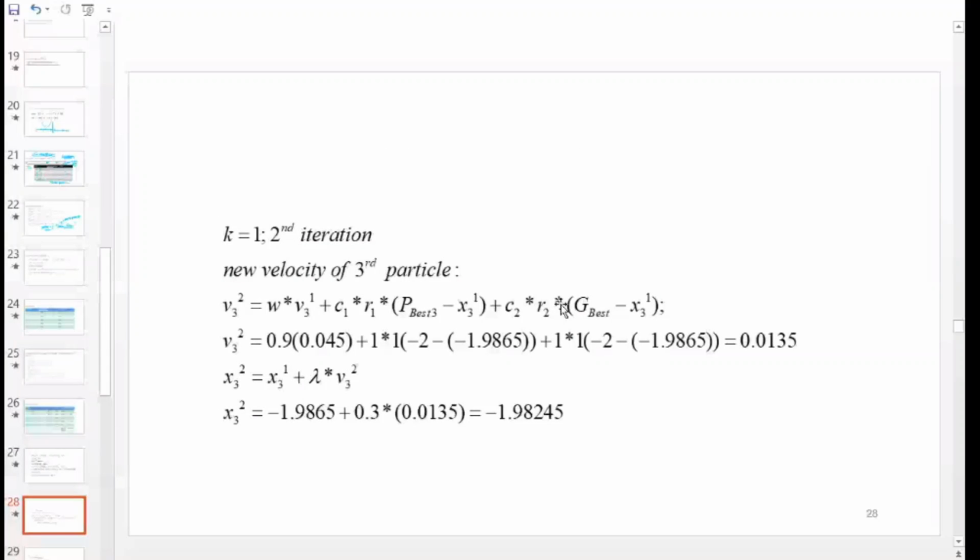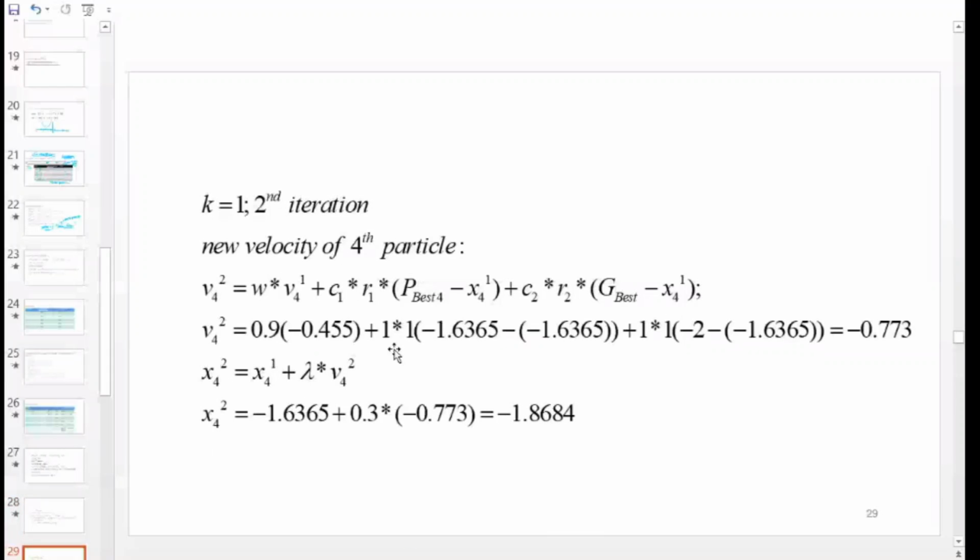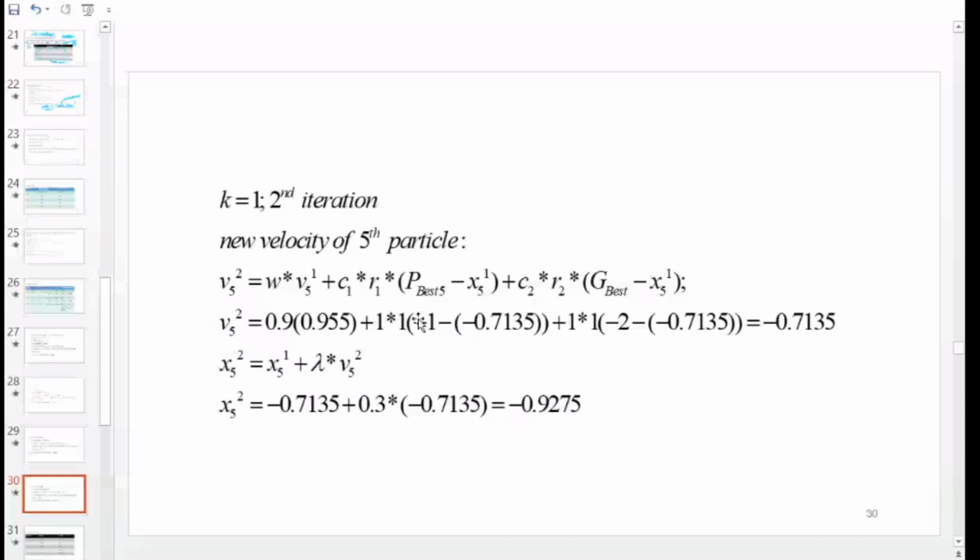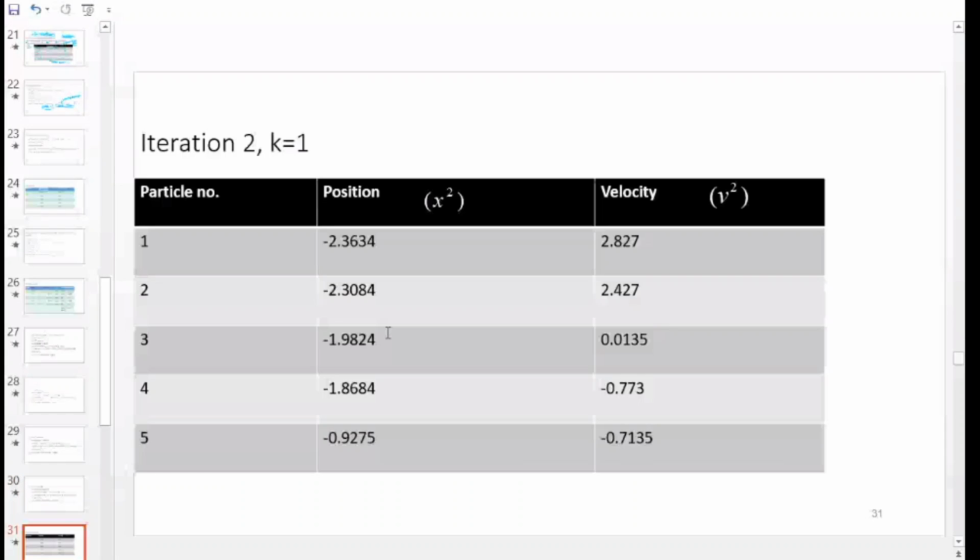So this is for the third particle, then this is for the fourth particle, similarly for the fifth particle, etc. Right? For the fifth particle, you will obtain this, and then I have tabulated the new positions and velocity of the particles.